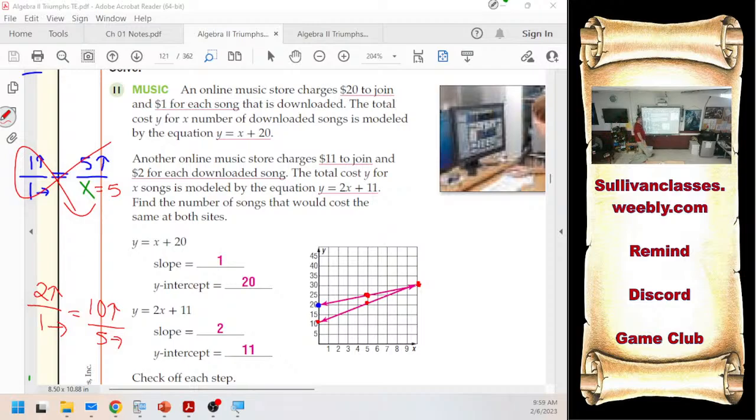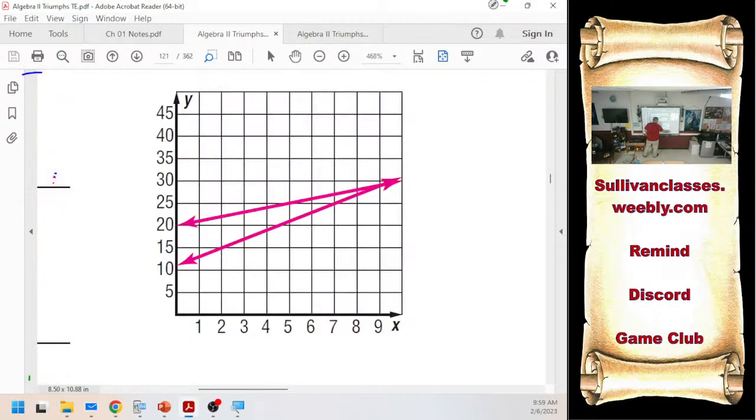Now, it says find the number of songs that would cost the same on both sides. It depends how clean and clear you are with your graph, whether you're using a straight edge or not. Where does it look like they cross? Not quite 30. See how the lines are, like it's somewhere in this mess, right?